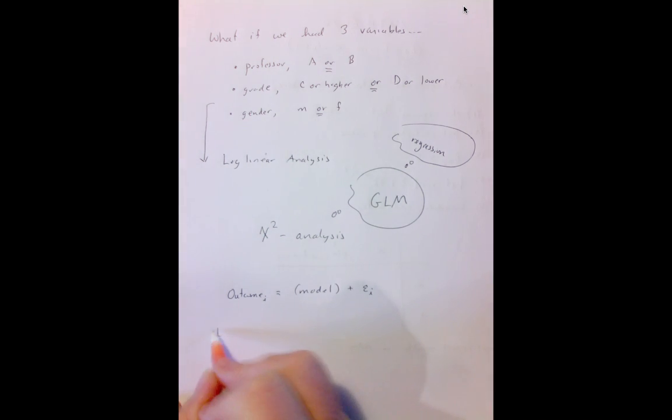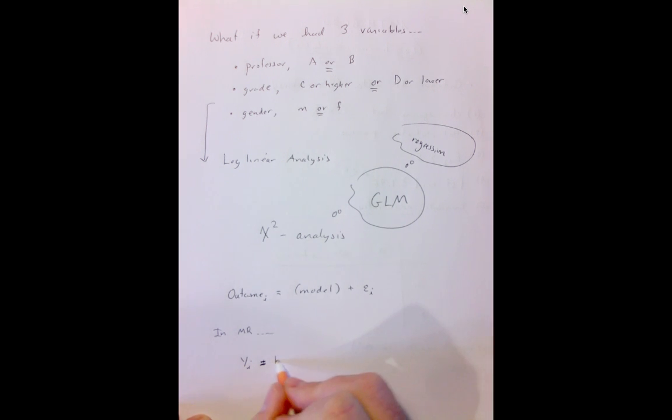So, as we all should know now, in multiple regression, we could express our outcome as y sub i equals our model, which would be beta 0 plus beta 1 x i1 plus beta 2 x i2.